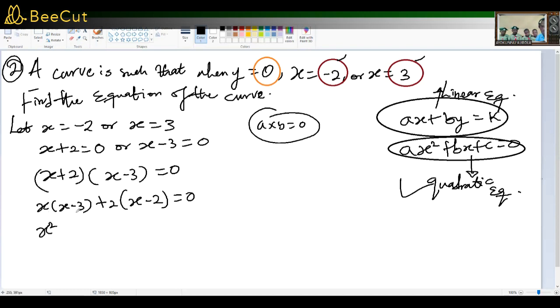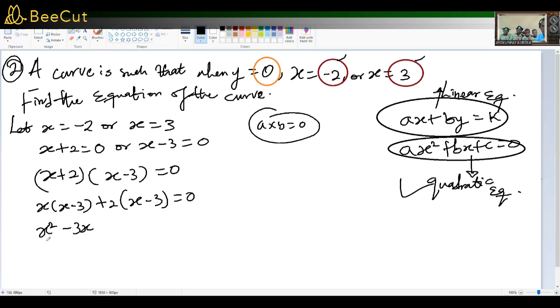X squared. X times minus 3x, x minus 3, not x minus 2. Thank you for that observation. This is going to be x minus 3 because it's multiplying the same bracket, right?